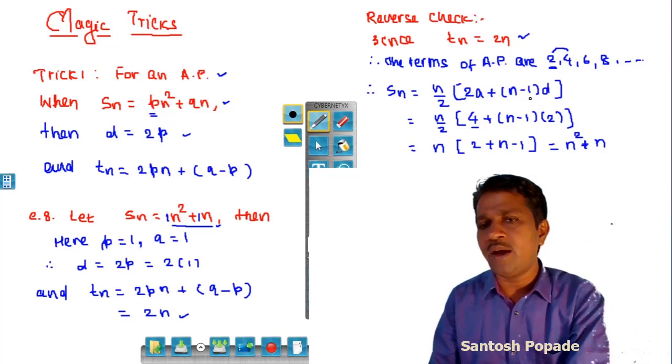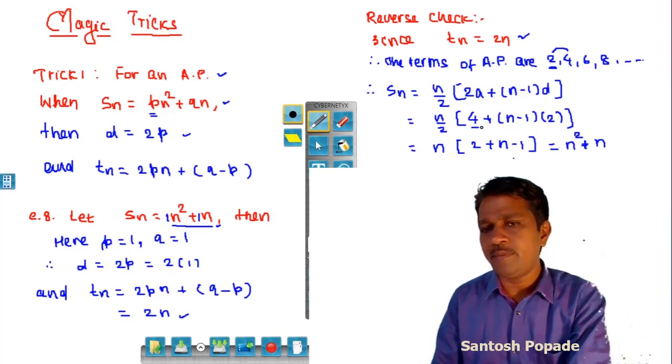Then (n minus 1) into d is again 2. If I simplify this, inside the bracket there is 4 plus 2 into (n minus 1), that is 2n minus 2. So 4 minus 2 is 2, plus 2n.